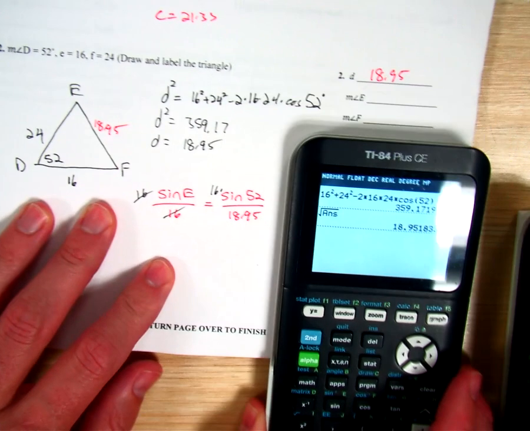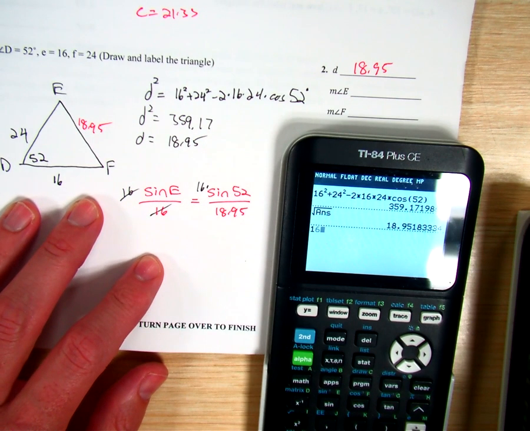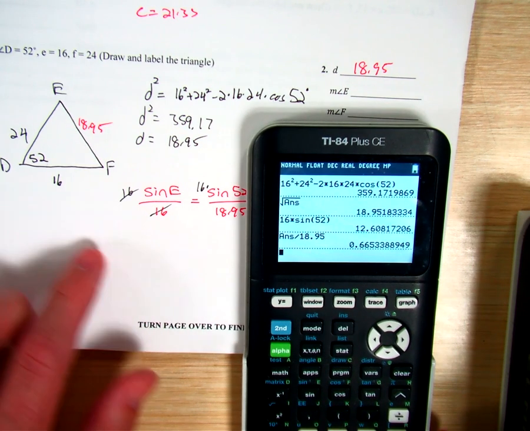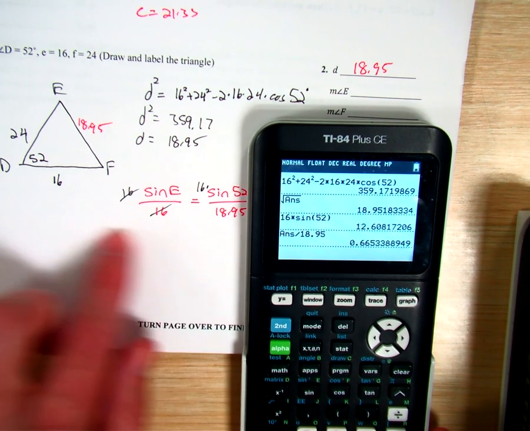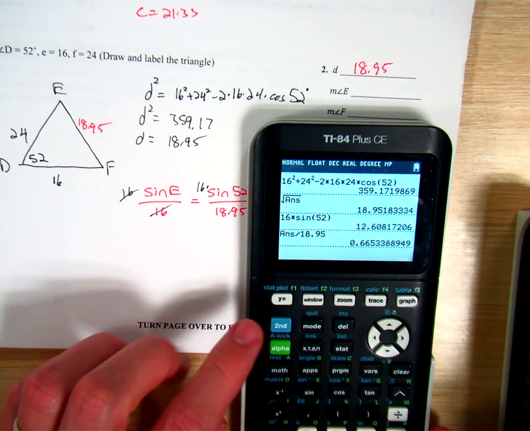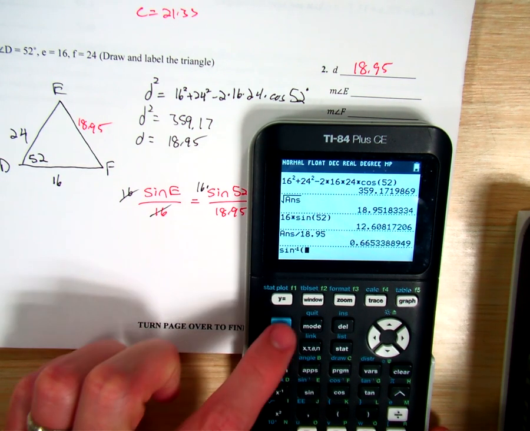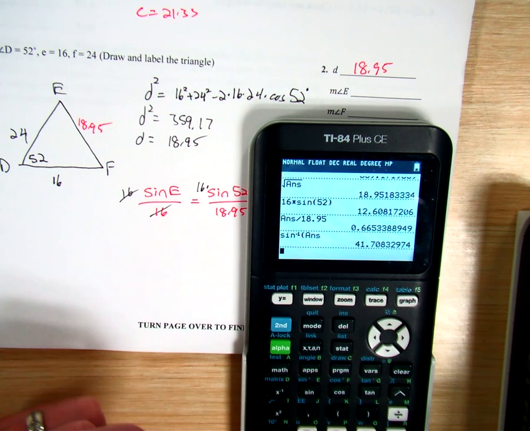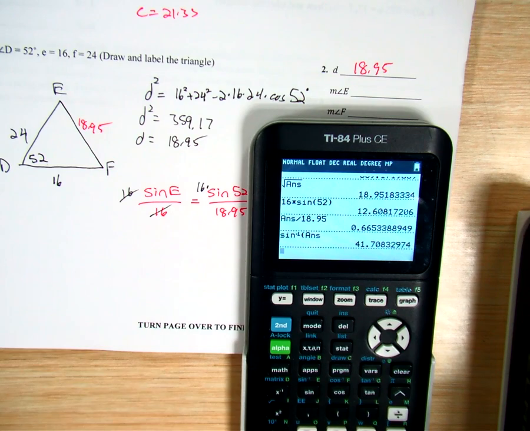We can see everything. 16 times sine of 52 divided by 18.95, 0.665. Okay, when you have a yucky decimal, we're trying to get an angle back for an answer. We're doing law of sines, so this is second sine, second answer. And we should get 41.71 degrees for E.